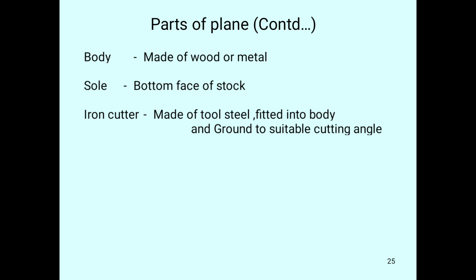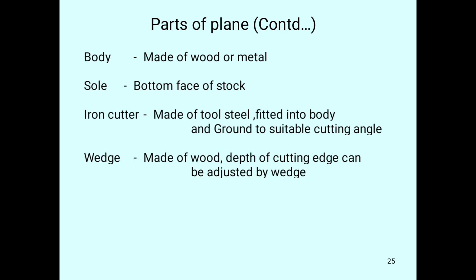As per our requirement, we can adjust this iron cutter within the body to the suitable cutting angle. Next is the wedge. The wedge is made of wood, which is used to cut deep, and the cut depth can be adjusted by the wedge.